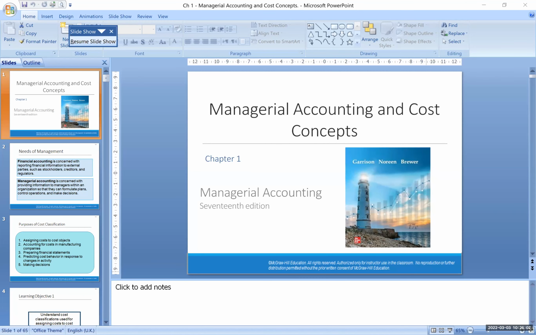Prime costs and conversion costs. We call the combination of direct material and direct labor prime cost. The word prime means principal or important; we don't have a product without the direct material and the direct labor. And we call direct labor with the manufacturing overhead conversion cost.